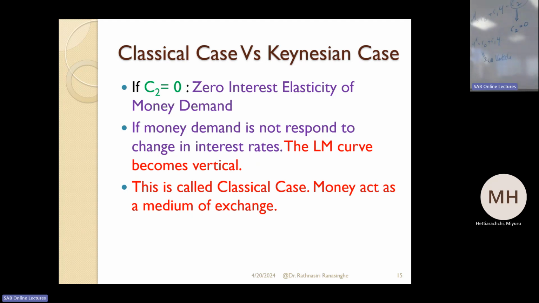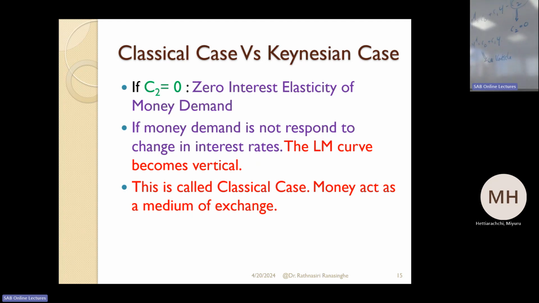The money demand function is C0 plus C1Y. This is the money market equilibrium under the circumstances of 0 interest elasticity of money demand.